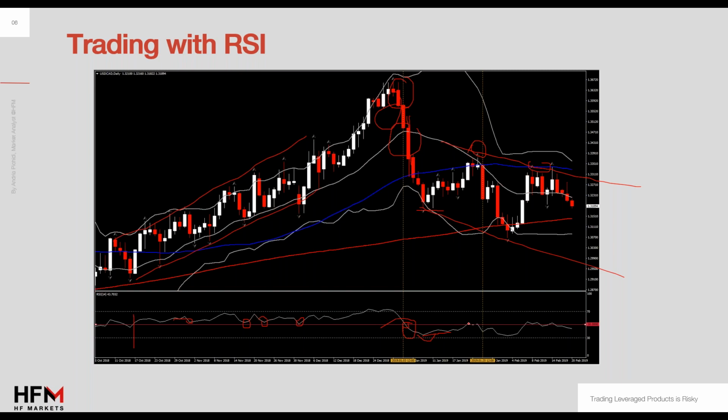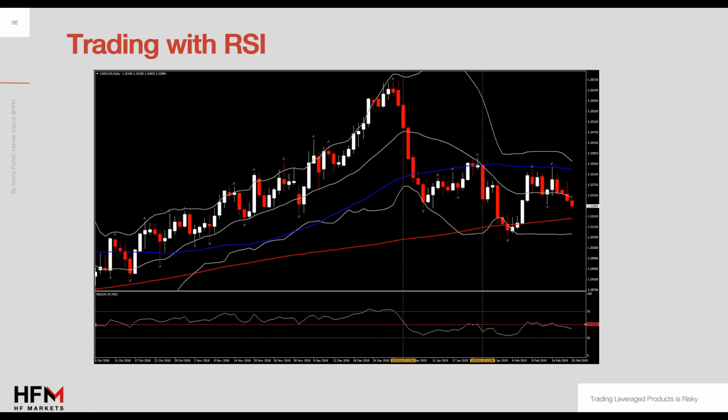Or over here it was consolidating and testing again the 50 zone until it provided a sharp slope lower. So that was an indication that you can enter short. Big bearish candle, sharp slope of RSI. So a short position for a few days or even weeks.